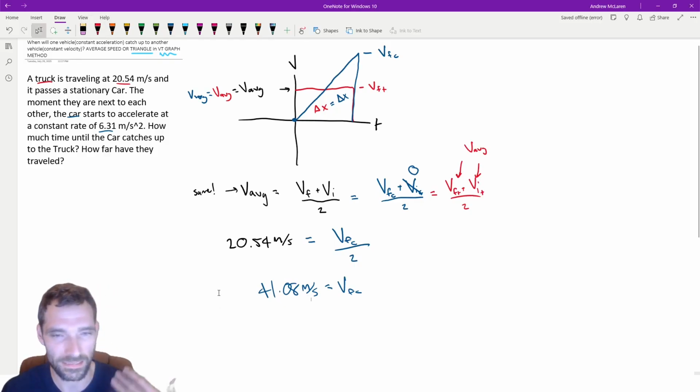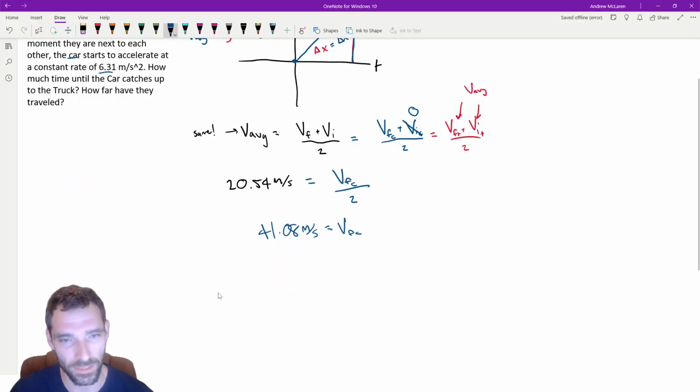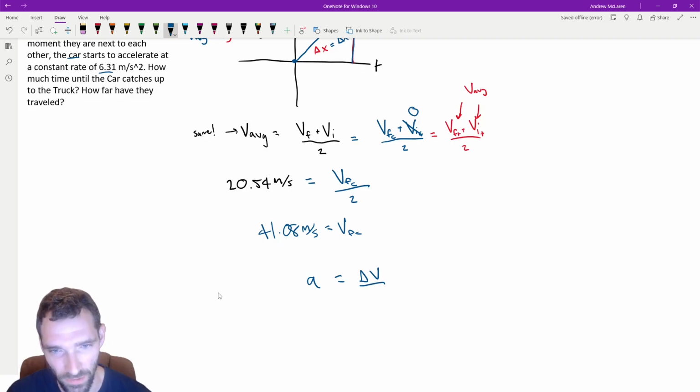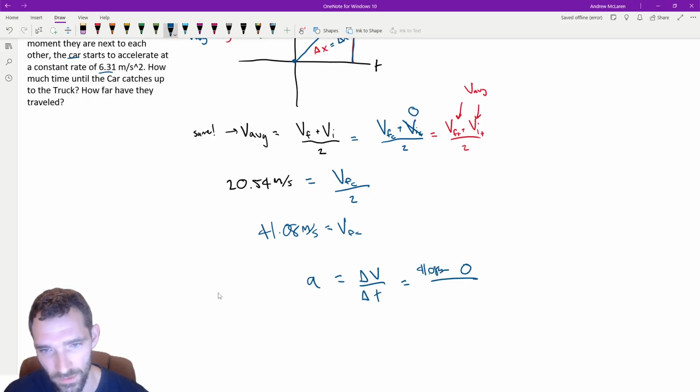And that is going to be useful because we can figure out how long it takes for that to speed up. So for this object, it's got some sort of acceleration, which is equal to its change in velocity over change in time. This object was starting with a V initial of 0, and it got up to a V final of 41.08 meters per second.